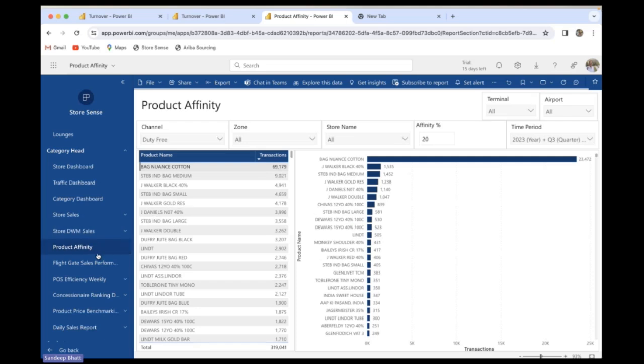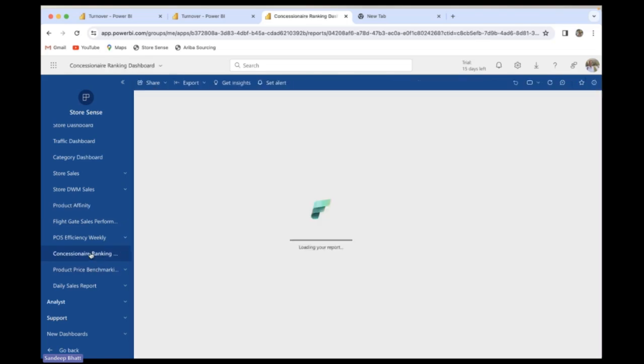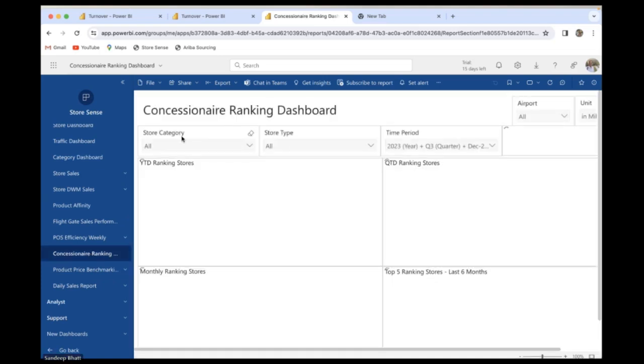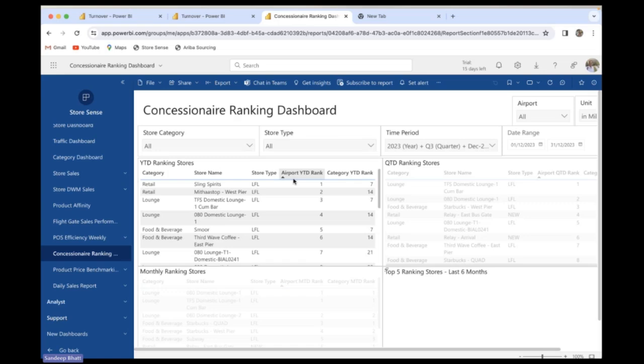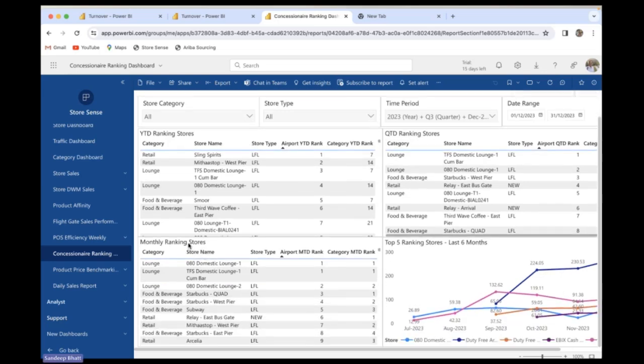Now, let's look into your concessionaire ranking dashboard as well, how your concessionaires are ranking at your airport. Again, there is the store category, store type, and time period that you may want to choose from. Under the ranking stores, you have year till date, quarter till date, monthly ranking, and top 5 ranking stores for the last 6 months.